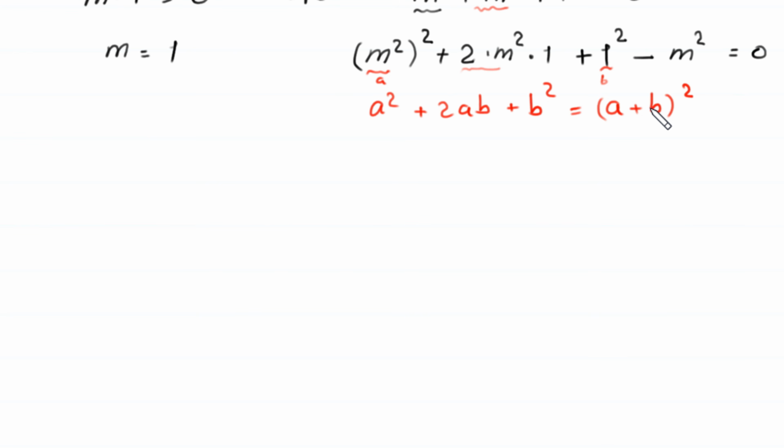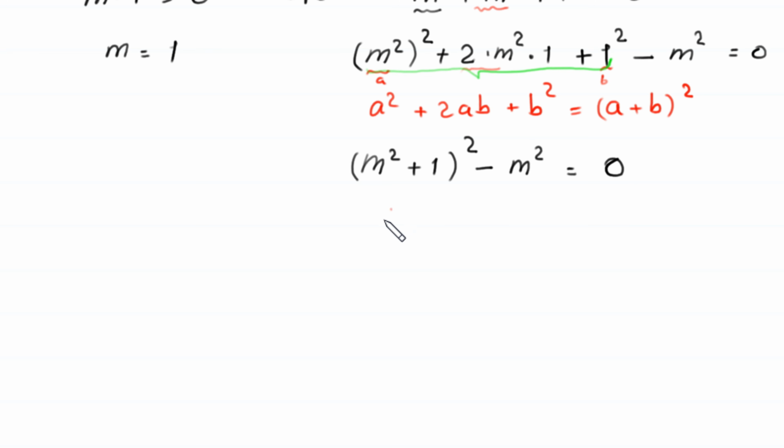Now by using this algebraic identity, (m squared) whole squared plus 2 times m squared times 1 plus 1 squared will become (m squared plus 1) whole squared minus m squared is equal to 0. Now we have a difference of two squares.